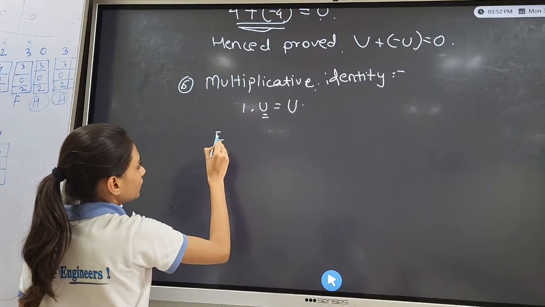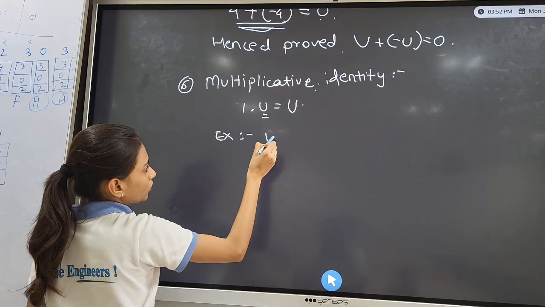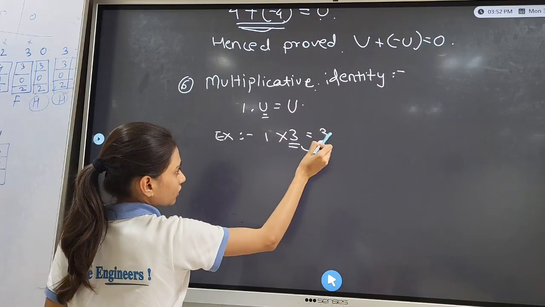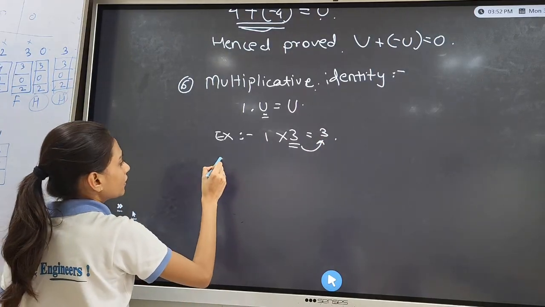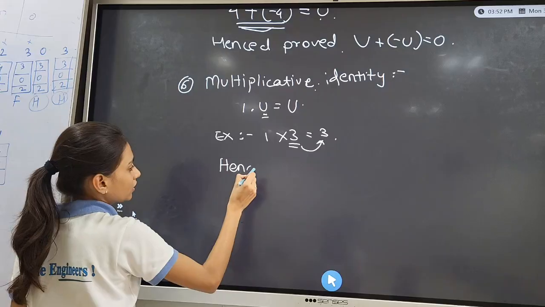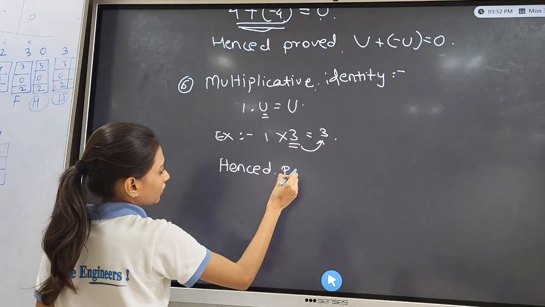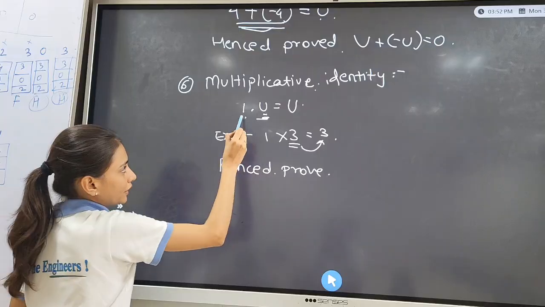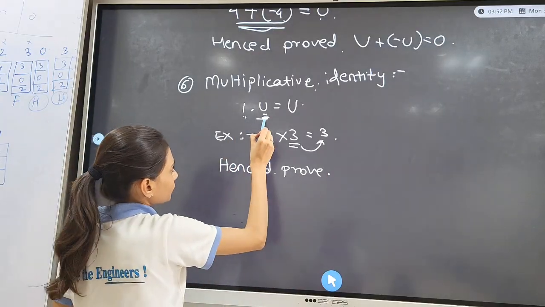For example, 1 into 3 gives us 3. Then we can say whenever we multiply U with the value 1, it always gives us U.